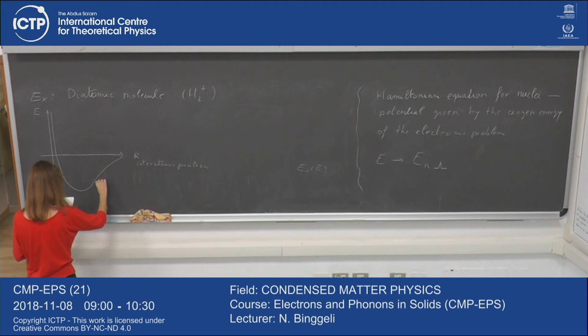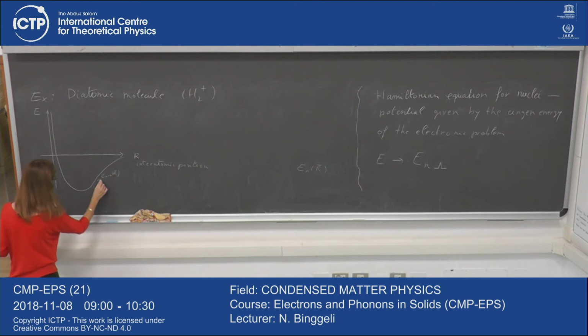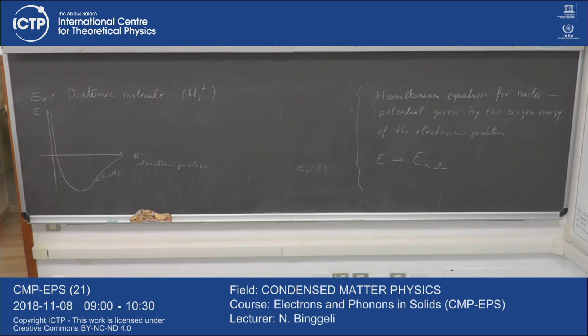So this is the n equal to 0 of R, the solution of the electronic problem as a function of the position between the nuclei. So I have two nuclei, and as a function of their distance, I solve the electronic problem and I plot here the eigenvalue. Okay? So this is the ground state, which becomes a curve because it depends parametrically on the position of the ion.